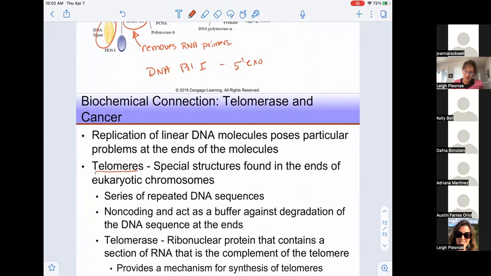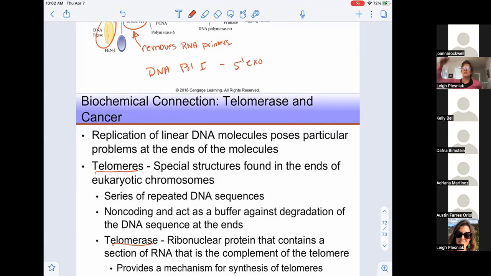Oh, and then this is just to mention that there are telomeres at the end of your DNA sequences. Have you guys heard of telomeres? These long stretches of repeated DNA sequences at the end of chromosomes require a special protein to copy them.